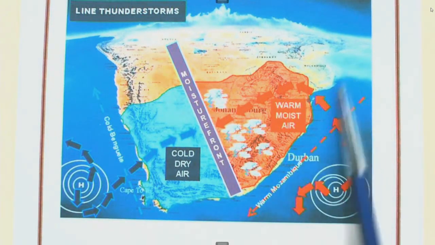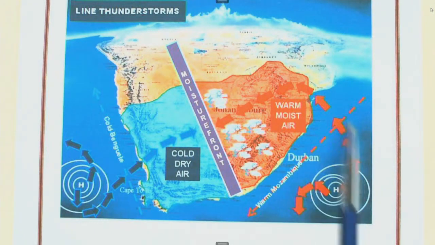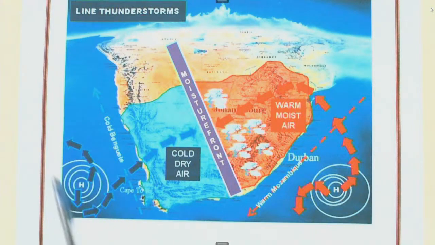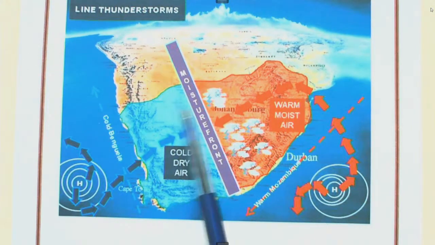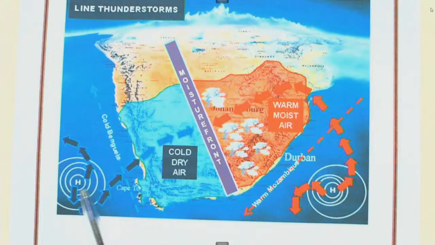The warm ocean current, obviously we are going to have warm east air which will be driven into the land by the anti-clockwise rotating South Indian High. The cold air from the cold Benguela current will be driven into the land by the anti-clockwise circulating cell.